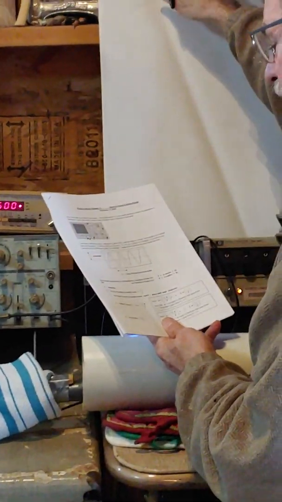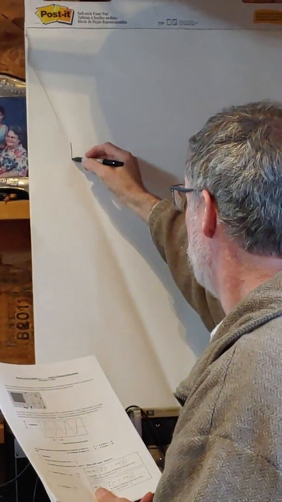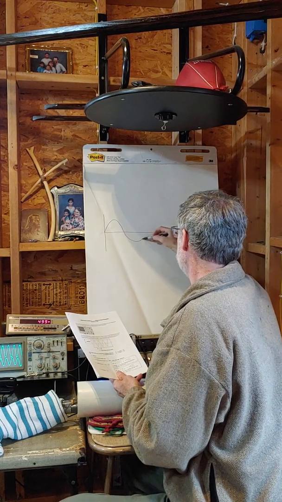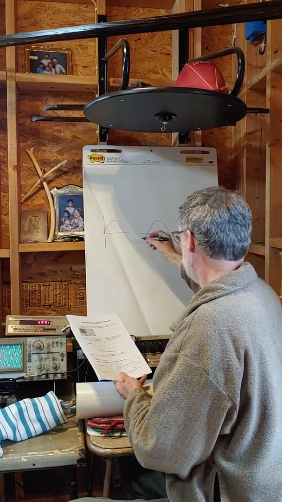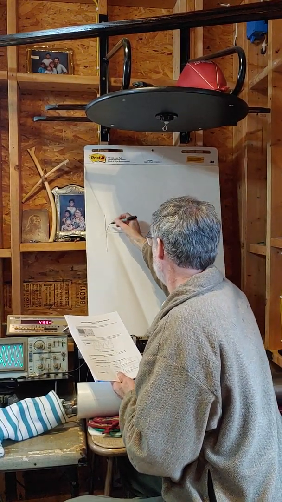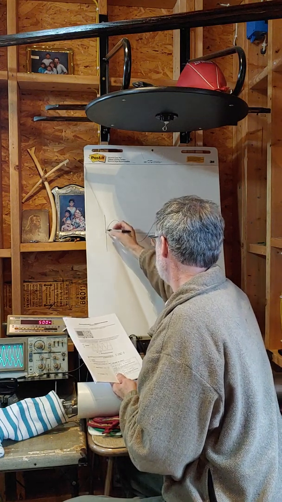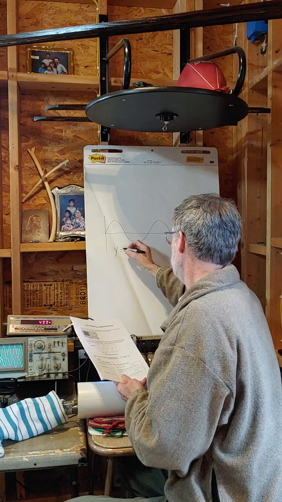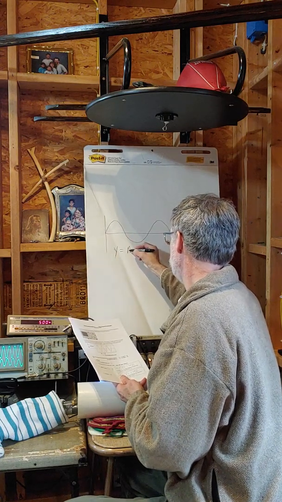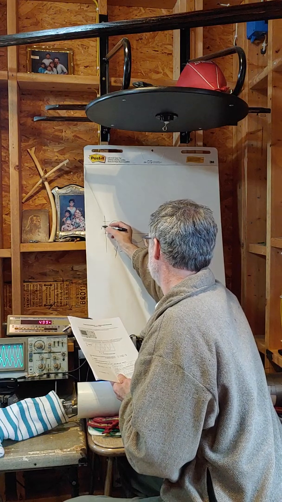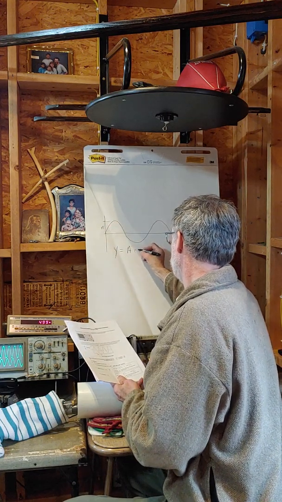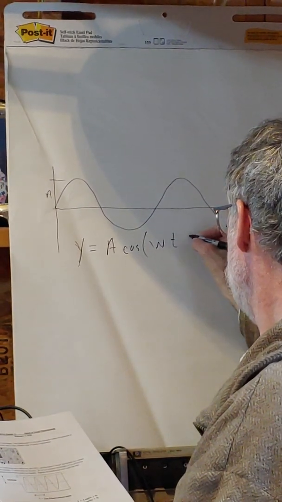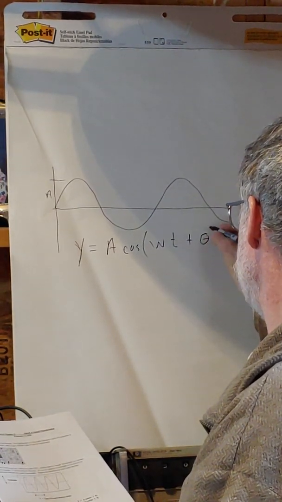if you look at my screen here, basically we have a sine wave like this, and we can write this as some signal equals some amplitude, where this is the amplitude, times a sine or cosine wave, omega t plus theta.